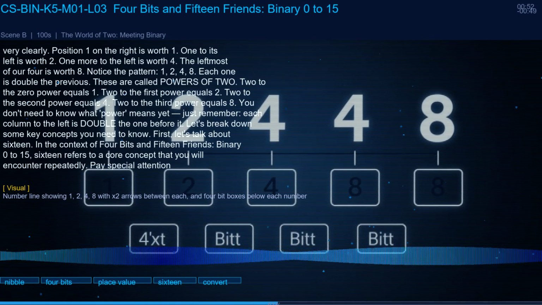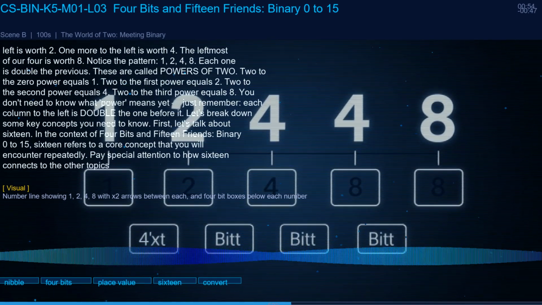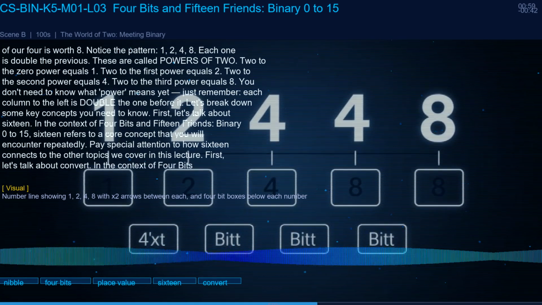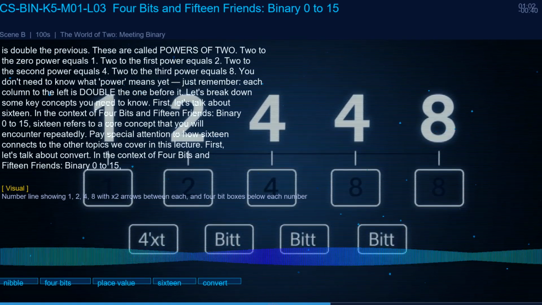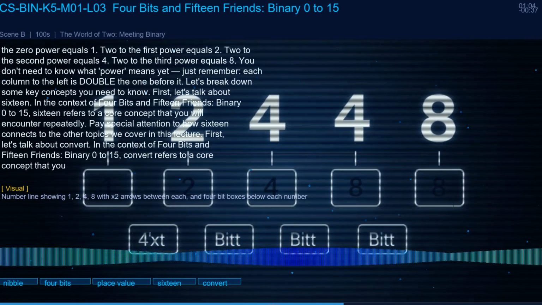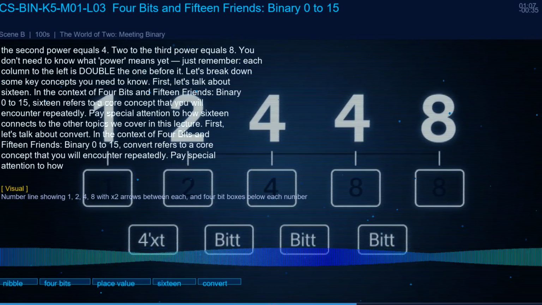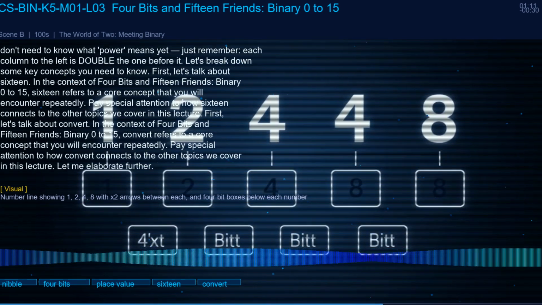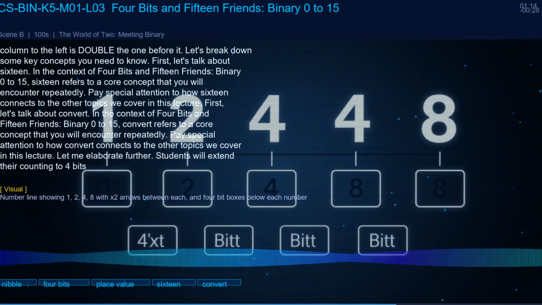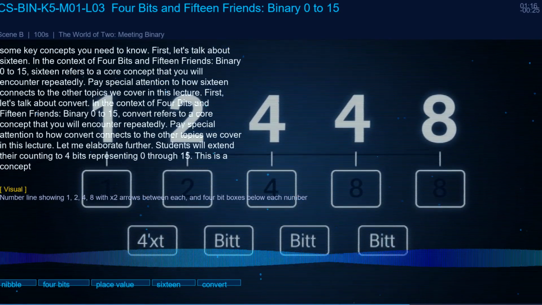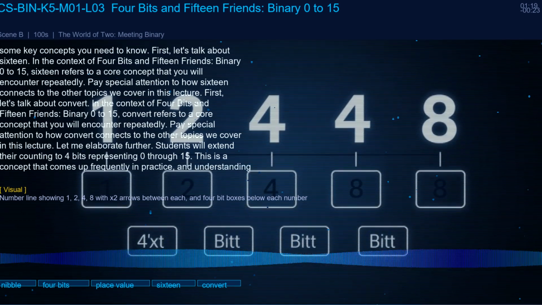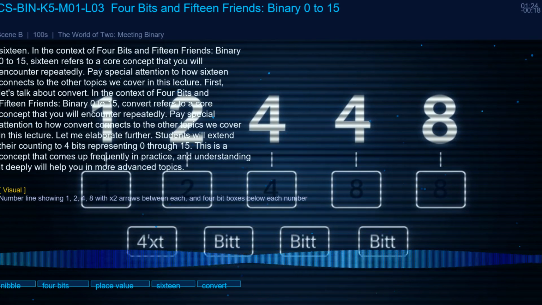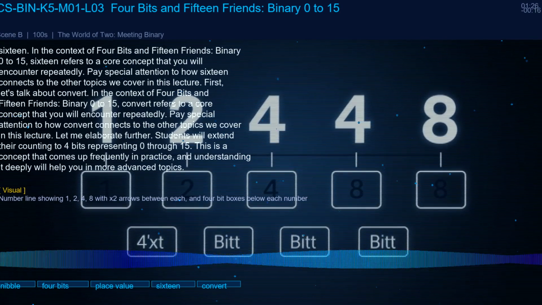Let's break down some more key concepts you need to know. First, 16, and second, convert. Both are core concepts that you will encounter repeatedly, so pay special attention to how they connect to the other topics we cover in this lecture.